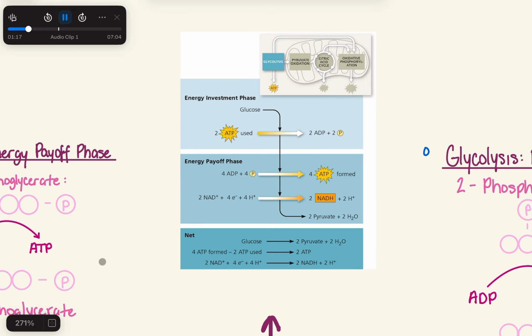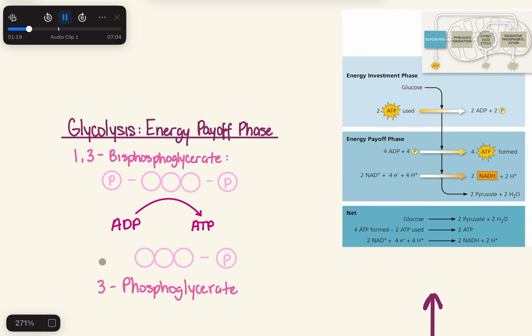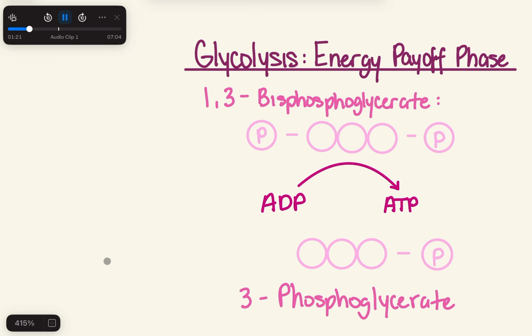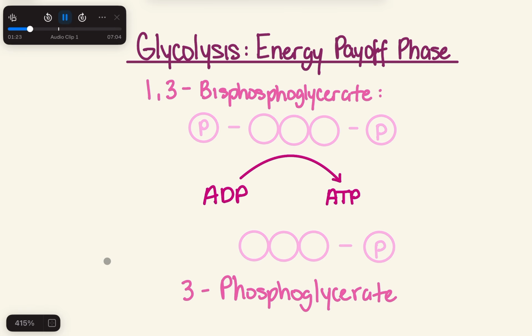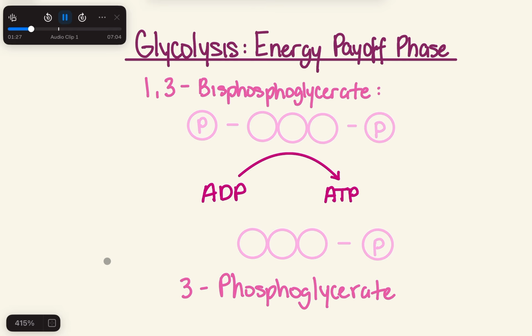During the energy payoff phase, 1,3-bisphosphoglycerate is created, and it'll have two phosphate groups. Usually a kinase, or the enzyme, is going to take the phosphate group and directly transfer it to ADP, creating ATP.